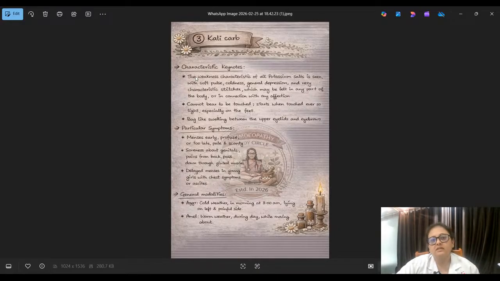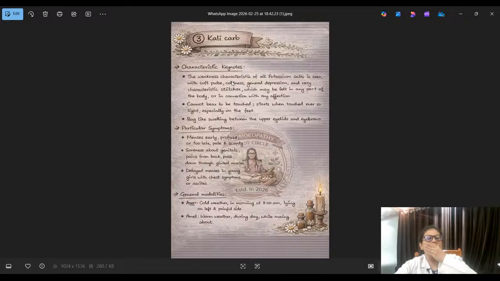Weakness, which is characteristic of all potassium salts, is seen in Kali carb, with soft pulse, coldness, general depression, and very characteristic stitches, which may be felt in any part of the body or in connection with any affection. They have stitching pain with weakness.